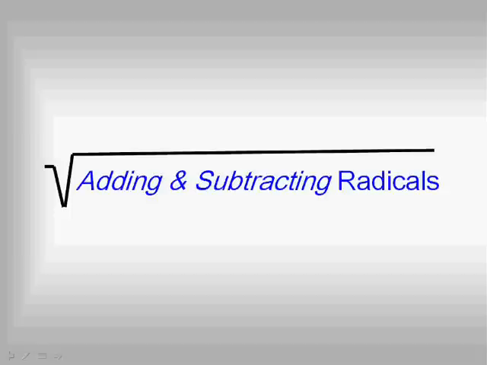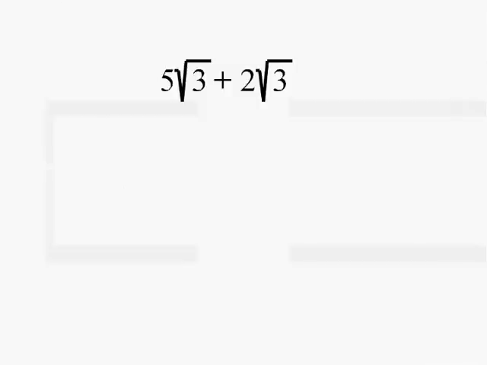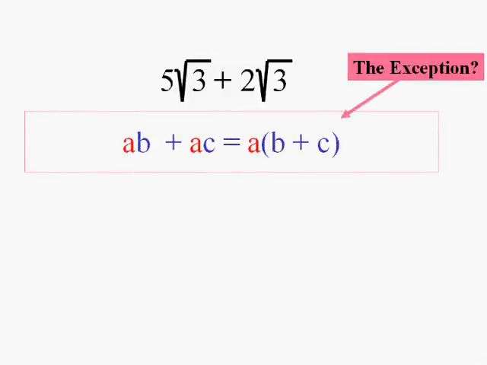Sometimes you're going to be asked to combine various radical expressions with addition and subtraction. What we're going to do is use the distributive property and the idea of like terms.